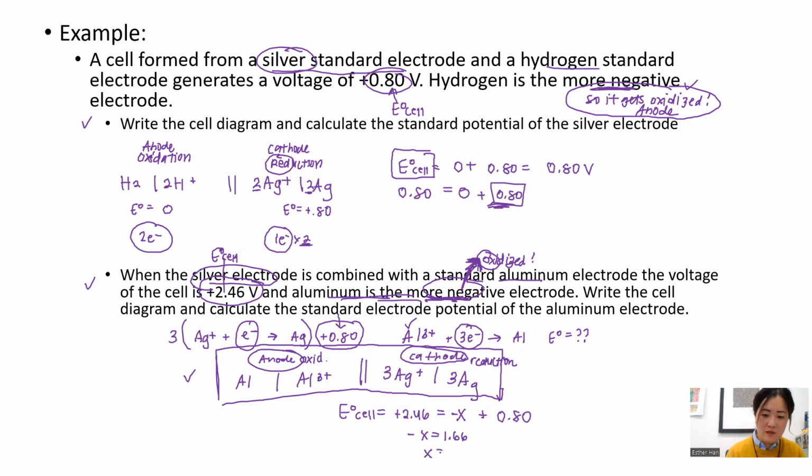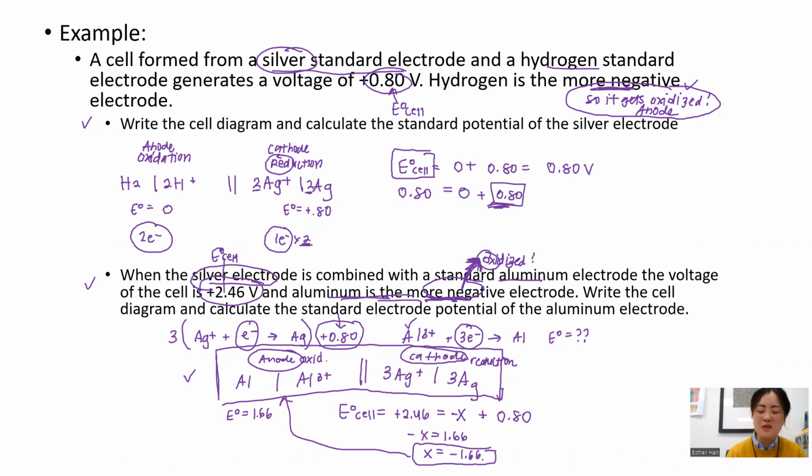So the value for our aluminum reaction, when it goes through reduction, not oxidation, is going to be negative 1.66. Remember, we flipped it to get it to be oxidized, which is why the E for the oxidation reaction is positive 1.66. So 1.66 plus 0.80 gives you that positive 2.46 number.